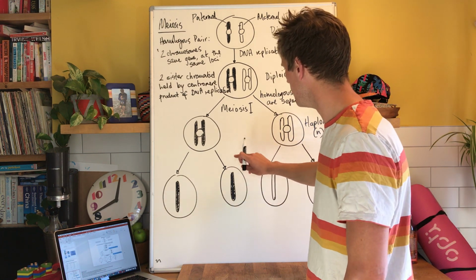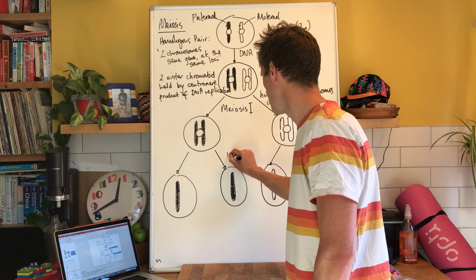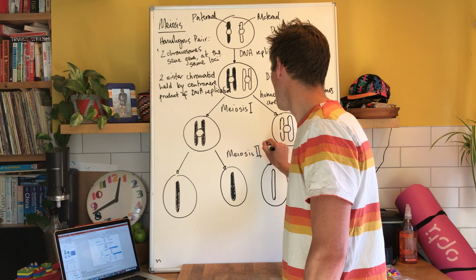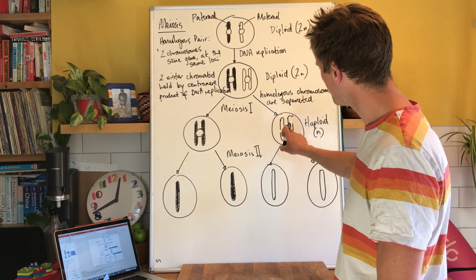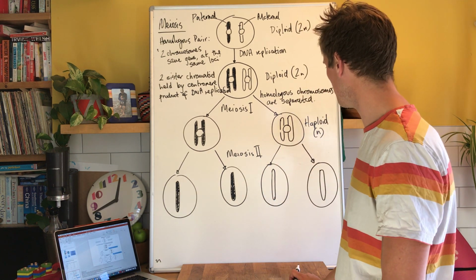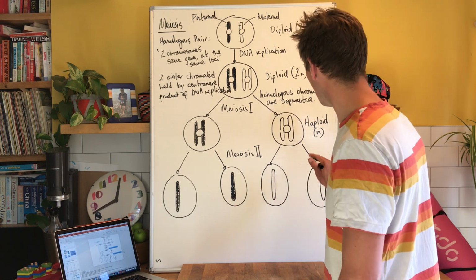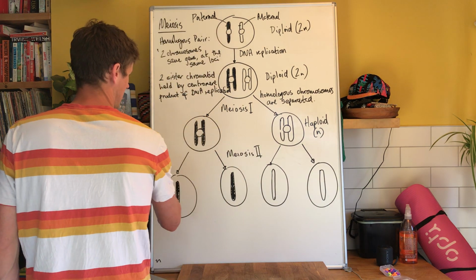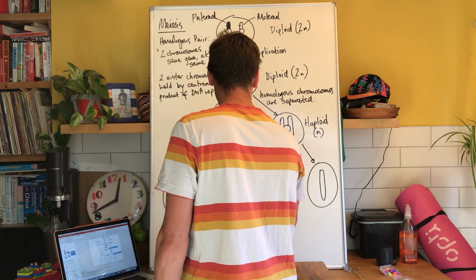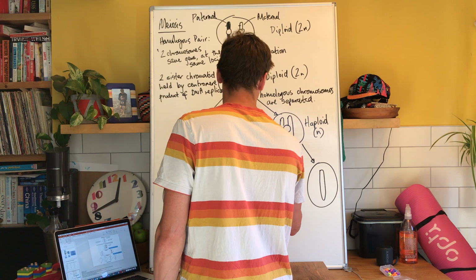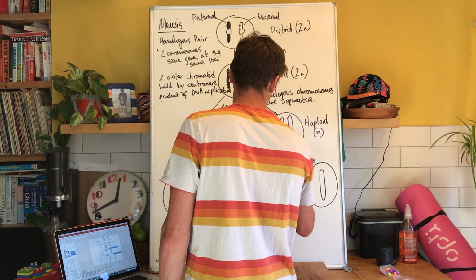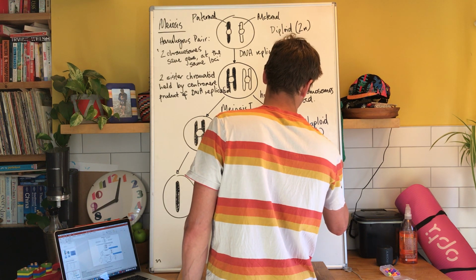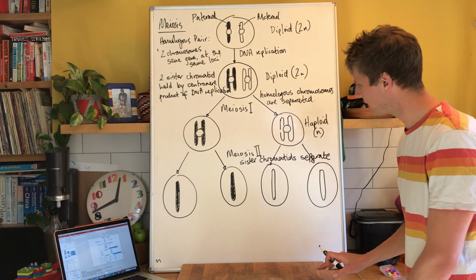During meiosis 2, the second meiotic division, this time the sister chromatids are separated. I've run out of space a little bit here. So we'll say during meiosis 2, the sister chromatids separate or are separated.